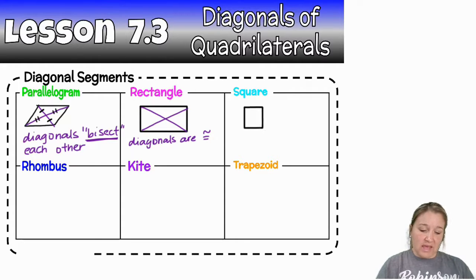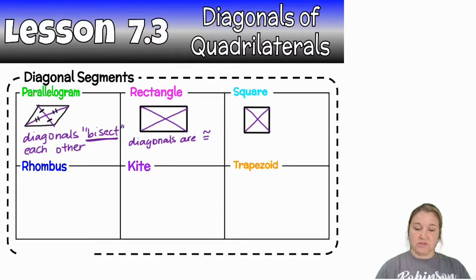Now let's look at a square. Just like with a rectangle, these are going to be congruent as well as bisecting. So just like with the parallelogram and the rectangle, those two pieces are going together. So this piece is equal to this piece, and this piece is equal to that piece, which are all going to be the same.